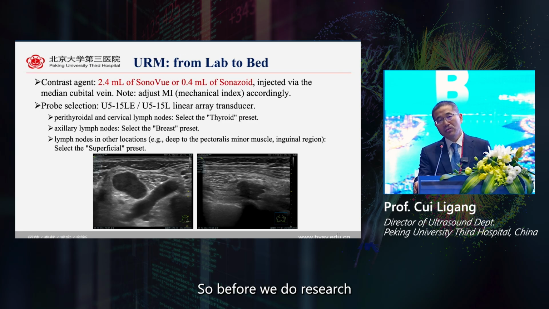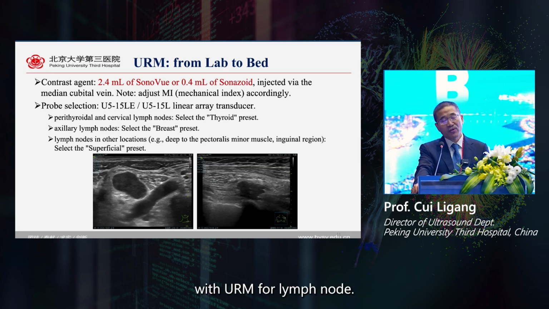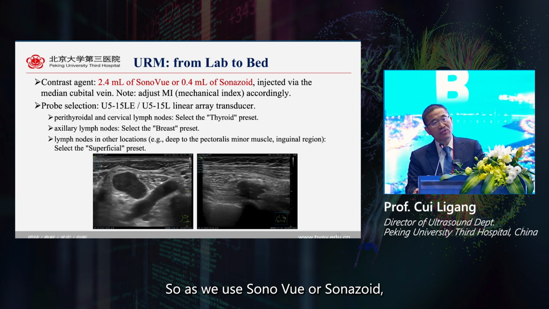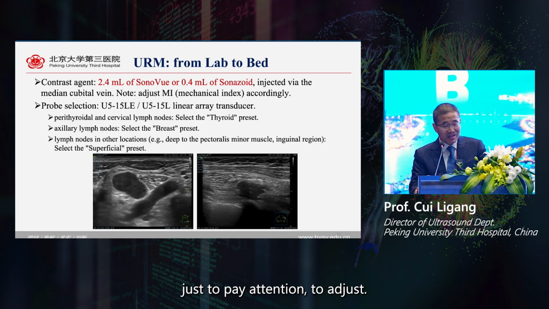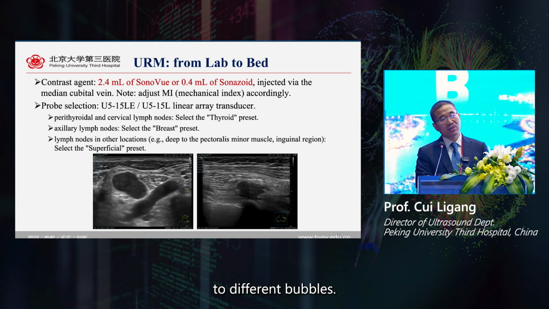Before we do research with URM for lymph nodes, I would like to mention some things to pay attention to. Either SonoVue or Sonazoid can be used for lymph nodes. Just pay attention to adjusting the mechanical index according to the different bubbles.